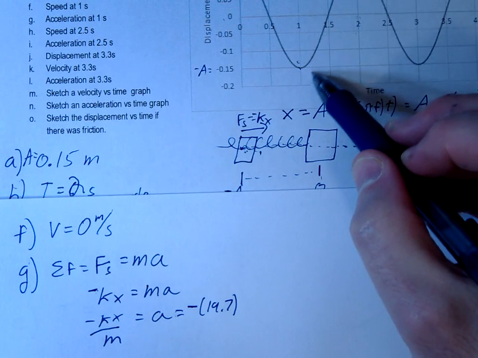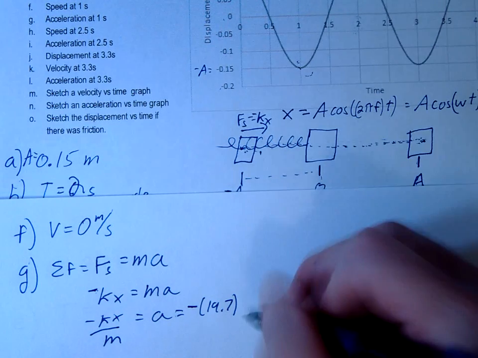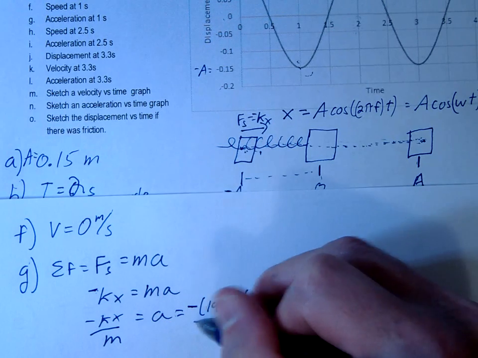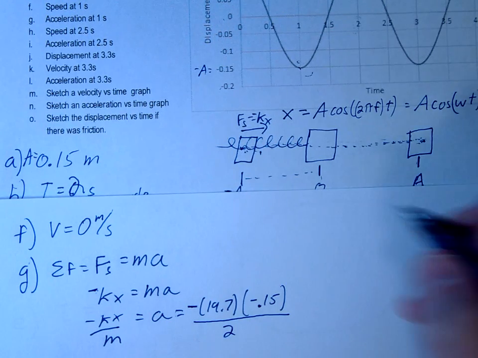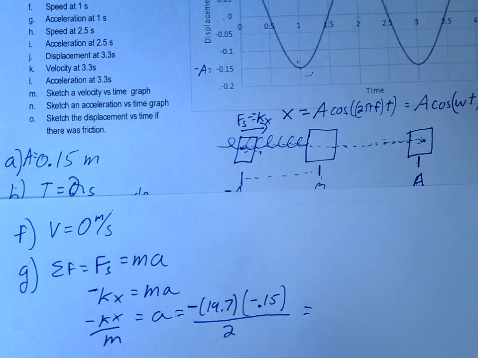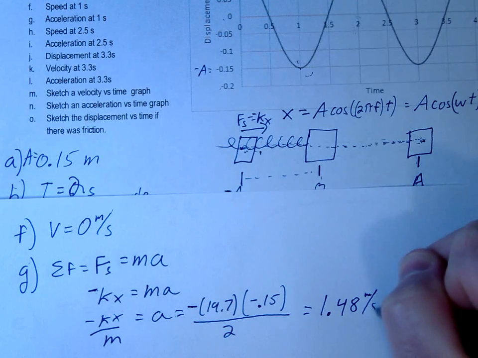At 1 second, we see that our x is going to be negative 0.15. And then we're going to divide by the mass, which was 2 kilograms. Calculator, so plug it in. I'm going to get an a of 1.48 meters per second squared.